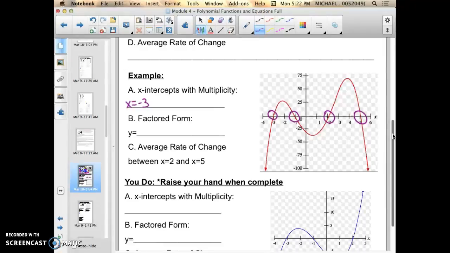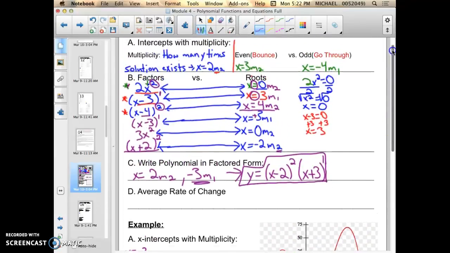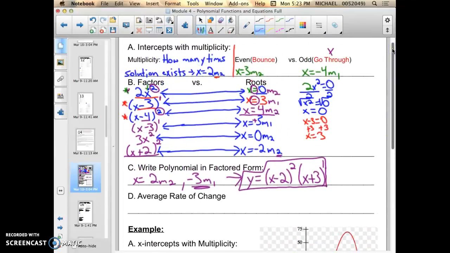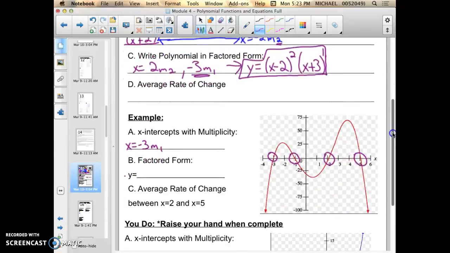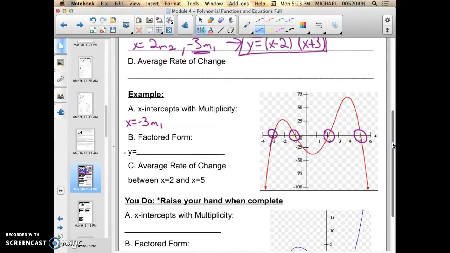I have to take that from x equals to factor form down here. So x equals -3, and it's a multiplicity of 1, remember, because it's odd. Odd goes through the x-axis. At -3, it's going through the x-axis. So it's a multiplicity of 1.